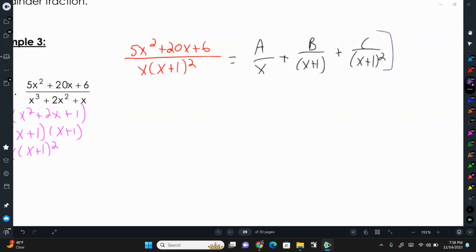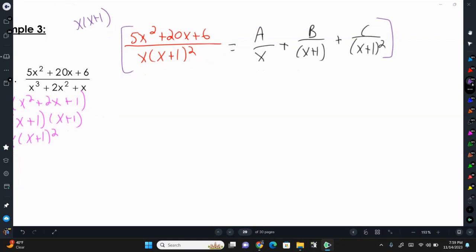But we're going to follow the same steps. Multiply everything by the least common denominator. This does get a little bit hectic, because now the left side still will be 5x squared plus 20x plus 6.